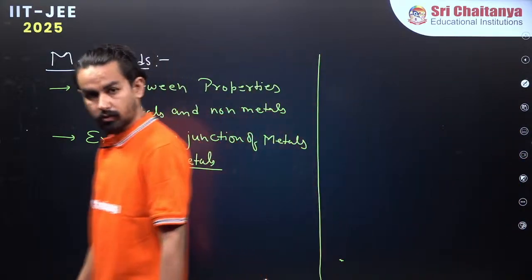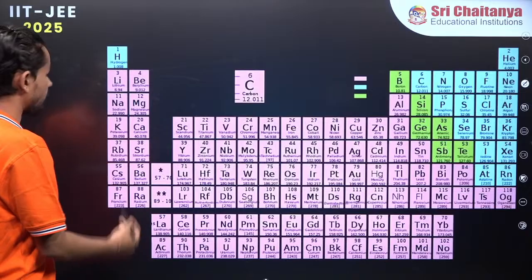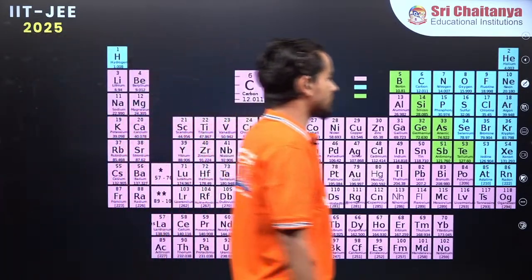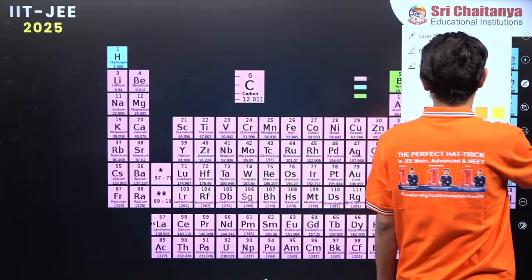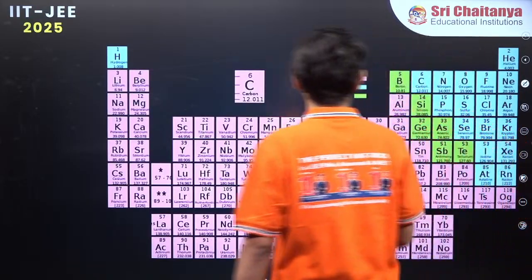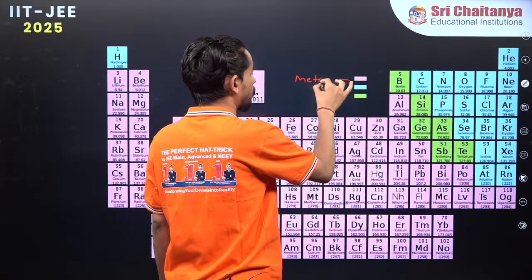Okay, so after that, see this kind of thing. In here, this pink color represents all the metals. If you see, most of the color is pink only. This pink color shows us metals.